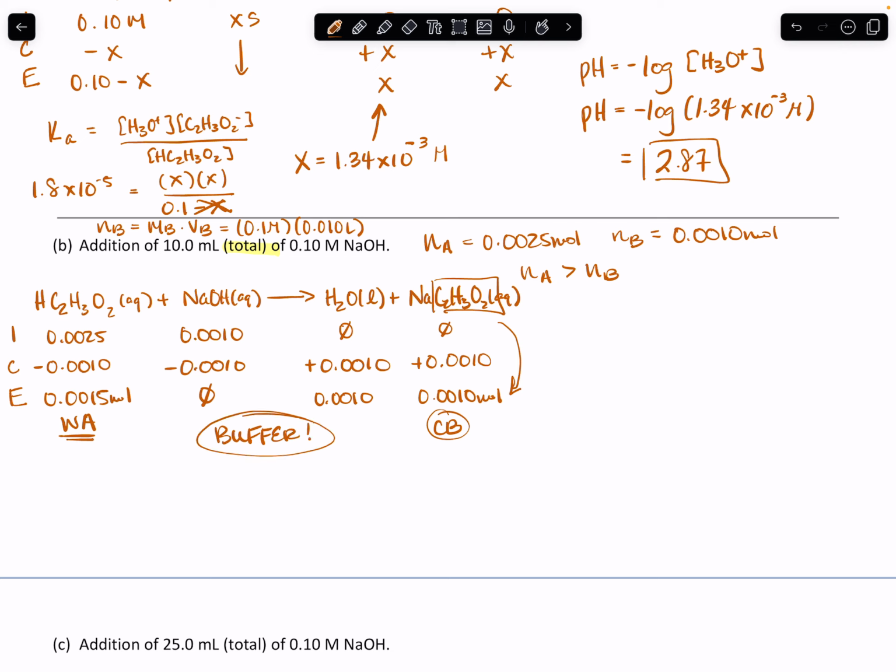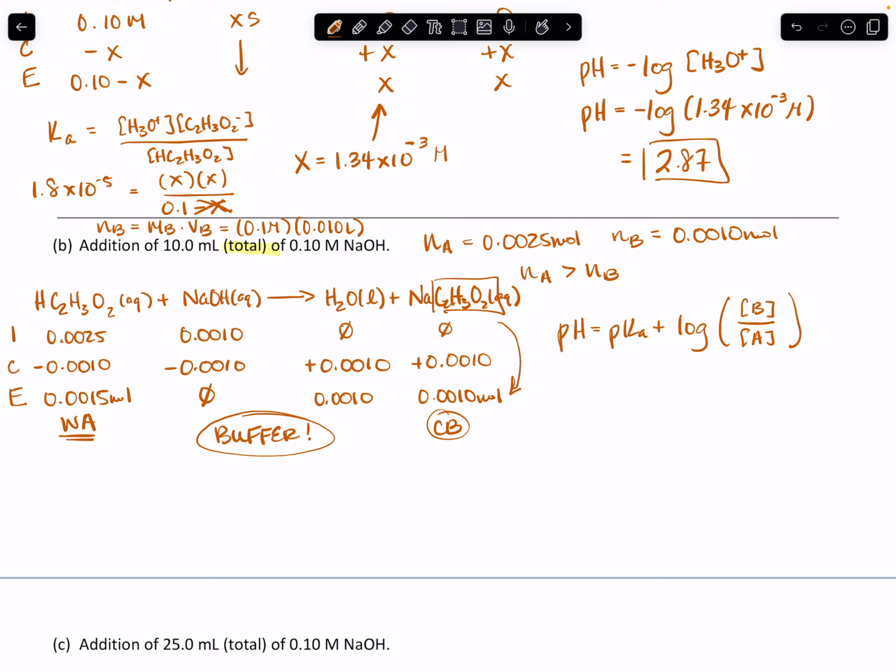So to calculate the pH, I need to use the Henderson-Hasselbalch equation. Remember, the Henderson-Hasselbalch equation tells us the pH of a solution is equal to its pKa plus the log of the concentration of the base divided by the concentration of the acid.